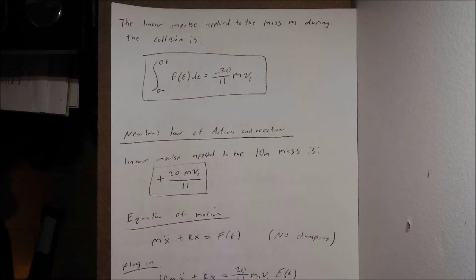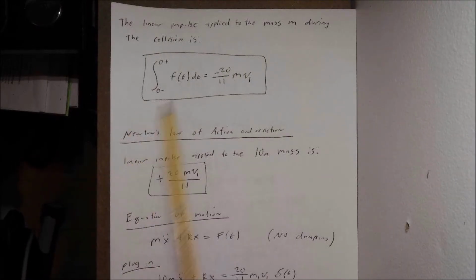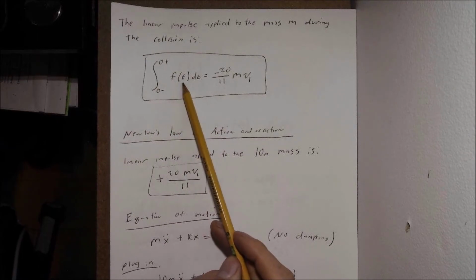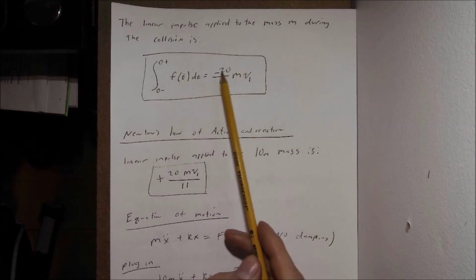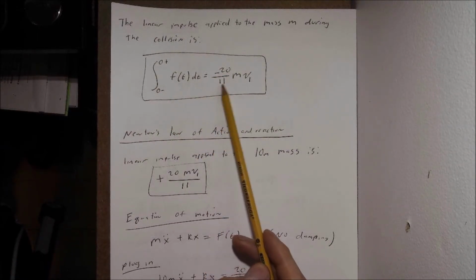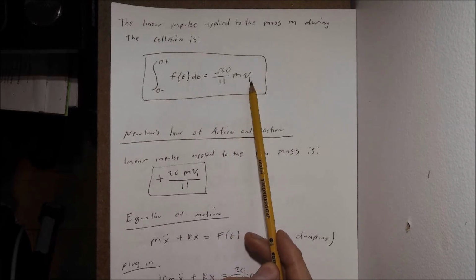So if we rearrange that a little bit for our linear impulse applied to the mass m during the collision, we get the following here. We have the integral of f(t) dt is equal to negative 20 over 11 m v1.